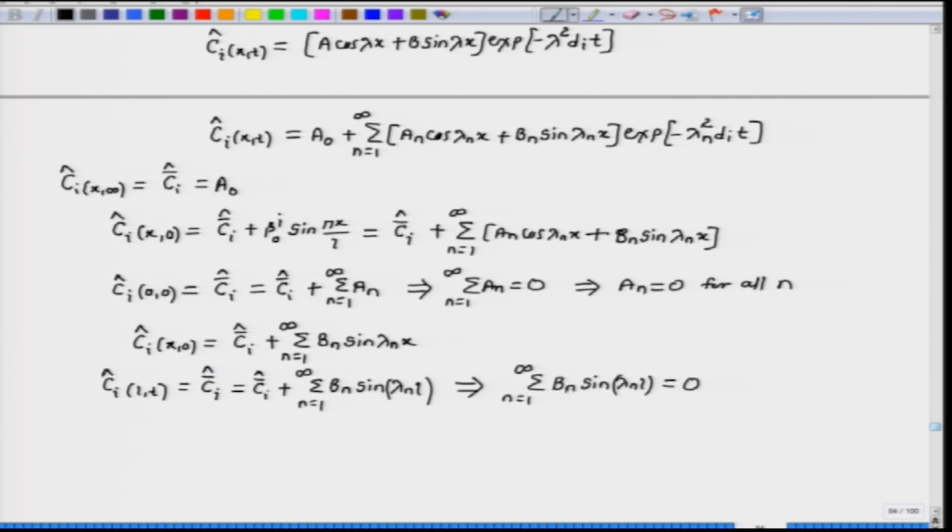So, either all B n's have to be 0, which will yield a trivial solution, or the second term has to be 0. See, this sine term will be 0 when?